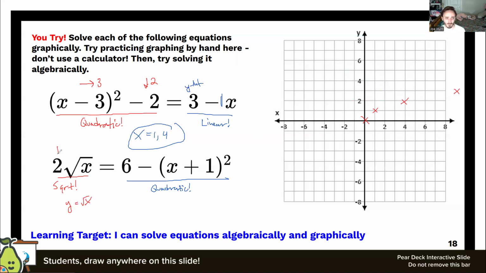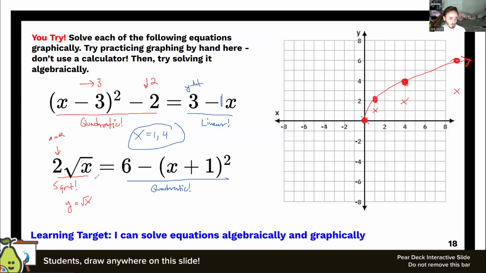If I see that 2 on the outside, that means I'm going to take these coordinates and go up twice as fast as usual. So instead of going up 1 at a time, they're going to go up 2 at a time. So I'm going to have something that looks kind of like this guy, right? My next y value for 9 is going to be at y equals 6. And that's roughly what that square root graph is going to be.